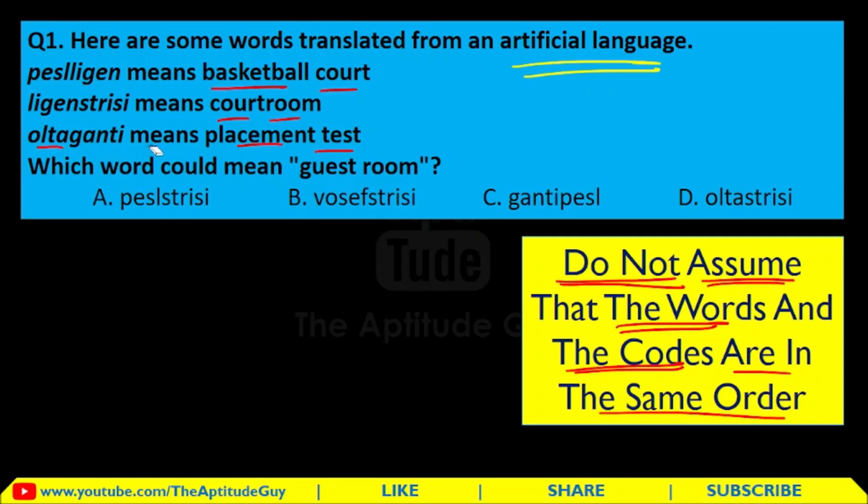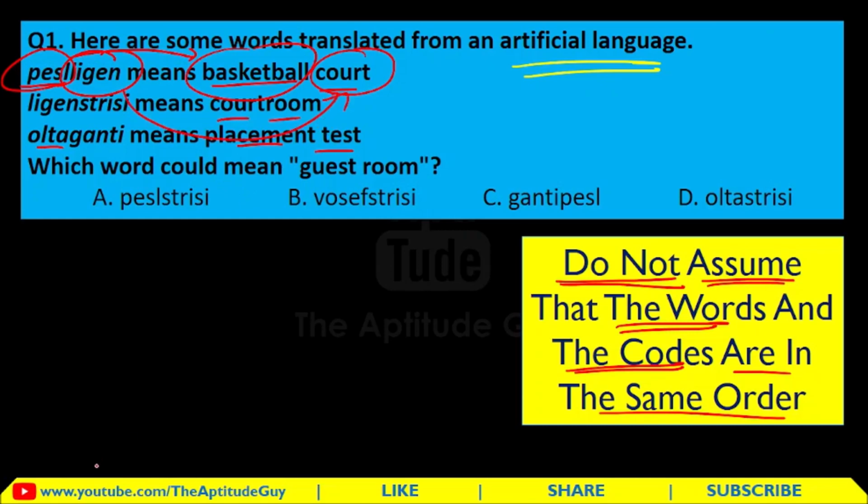For example, just because basketball is the first half of this phrase and PESL is the first half of this phrase does not guarantee that this is the code for basketball. Similarly, just because LIGEN is the second half of this phrase and quote is the second half of this phrase does not guarantee that this is the code for quote.